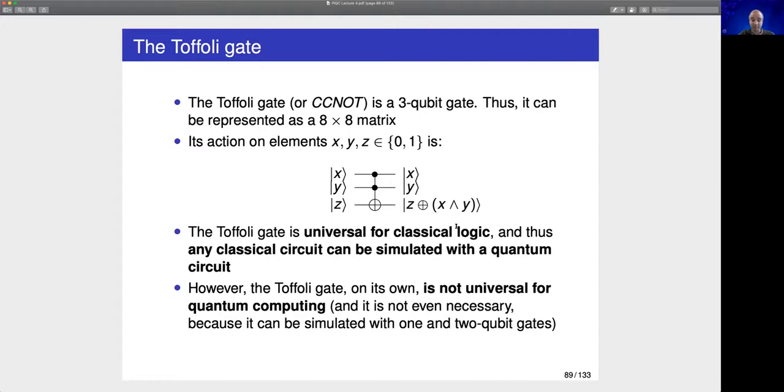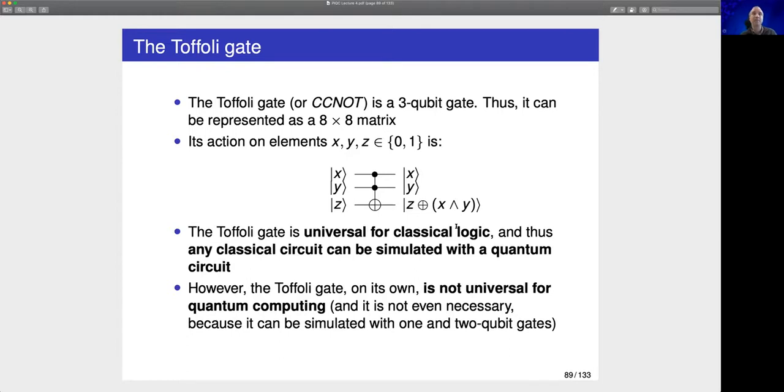If we can implement the NAND gate, then with only that gate, we can implement any Boolean function. So we can use the Toffoli gate to construct a reversible NAND gate, and then we can use that NAND gate to construct any Boolean circuit that you need.